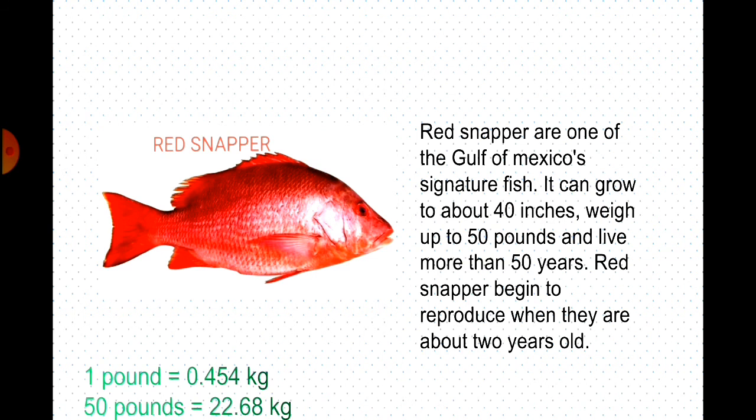And they can live up to or more than 50 years. Red snapper begin to reproduce when they are about 2 years old. They are extremely popular. They are very tasty. There are more than 1 million recipes for red snapper. They have been severely overfished in the Gulf.